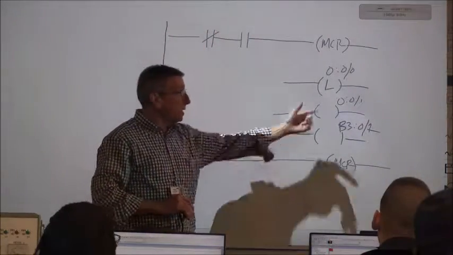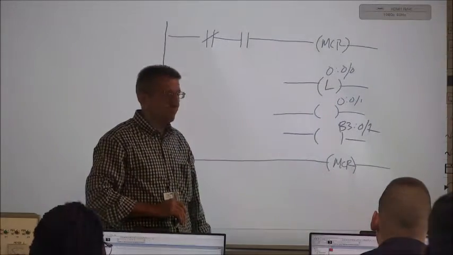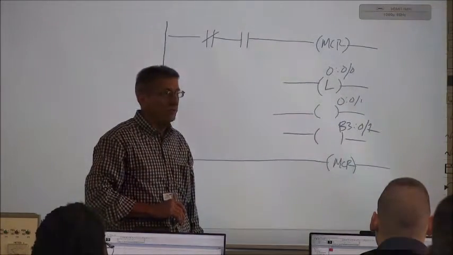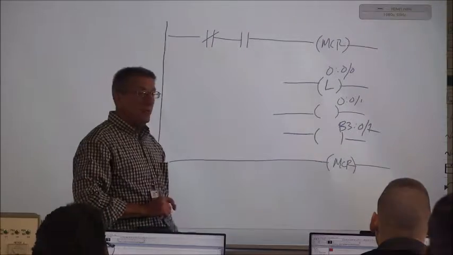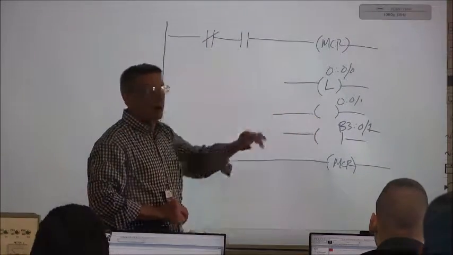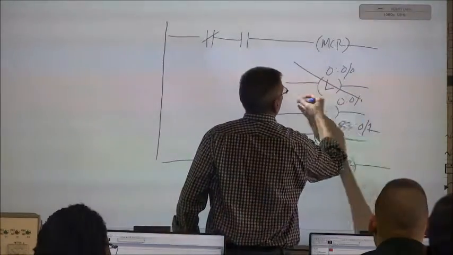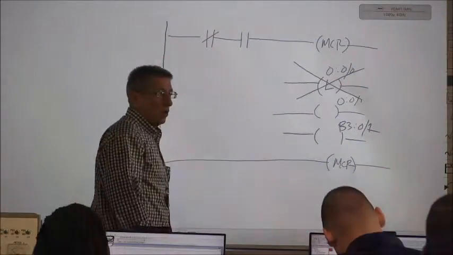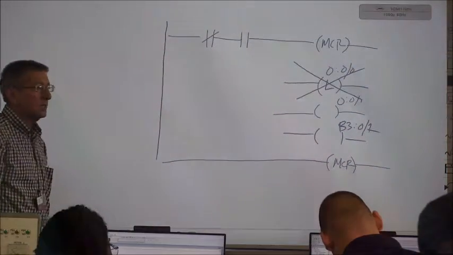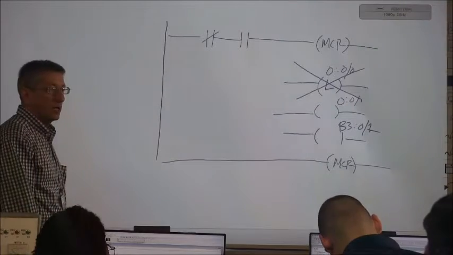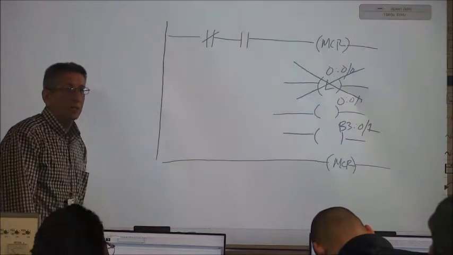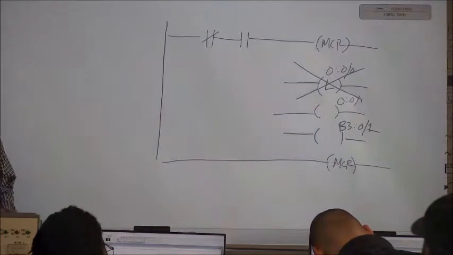Is it going to stay latched up? Yes, exactly right. Any retentive instructions, we don't want to do that. Same with an RTO, it's a retentive instruction, counters too, so no retentive instructions inside that.